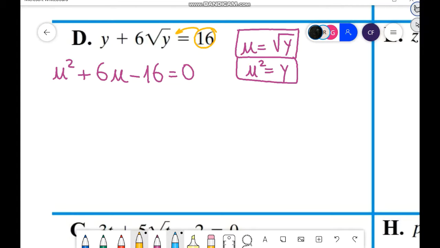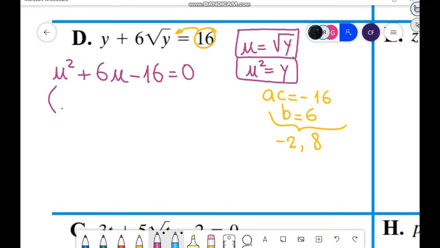We can solve this by factoring. AC equals negative 16, B equals 6. So we can find a couple of numbers whose product is negative 16 and whose sum is 6. It's going to be negative 2 and 8. Negative 2 times 8 is negative 16. Negative 2 plus 8 is 6. Nice.